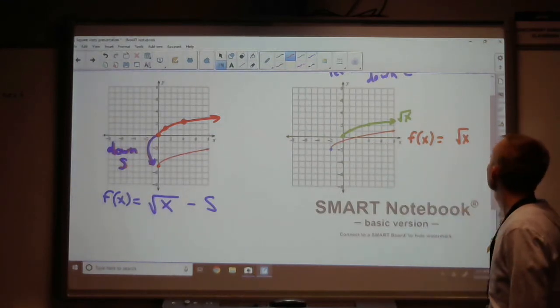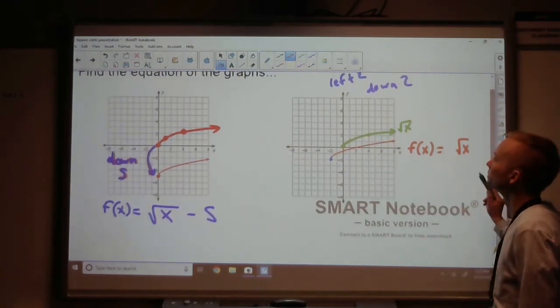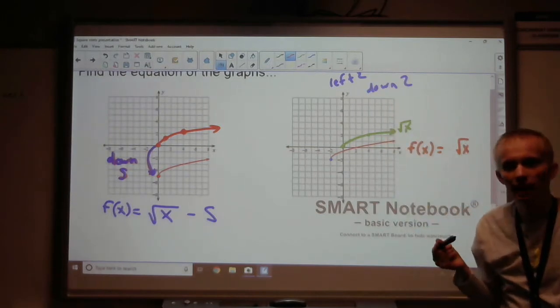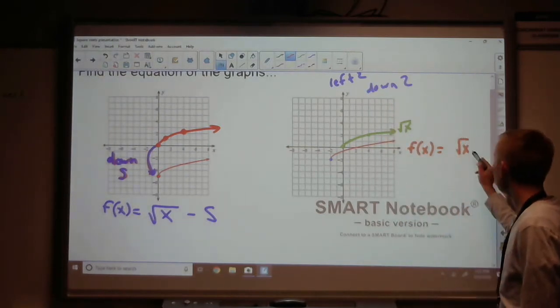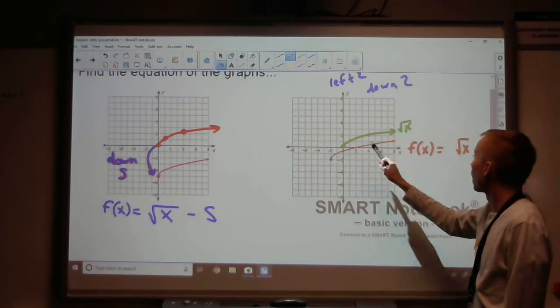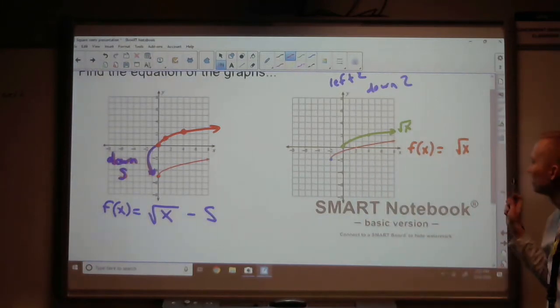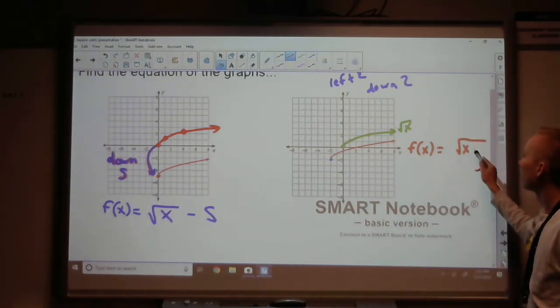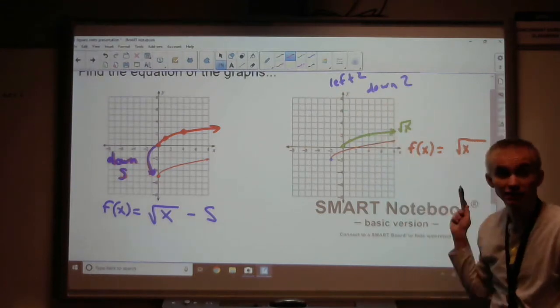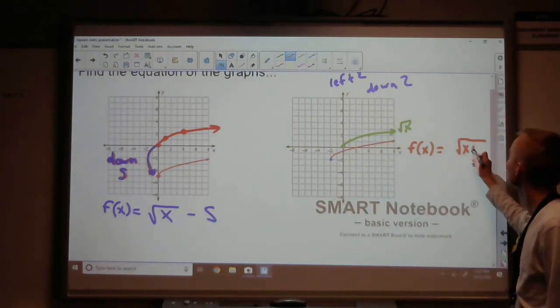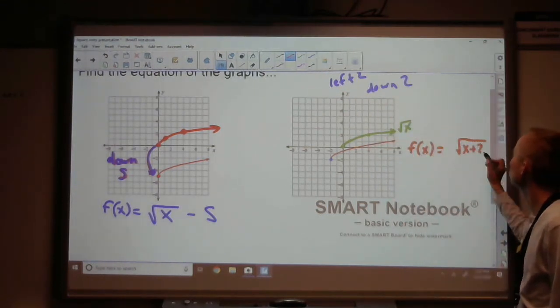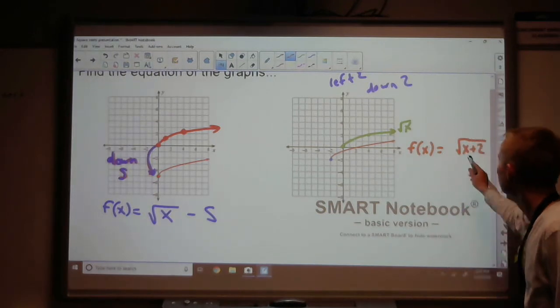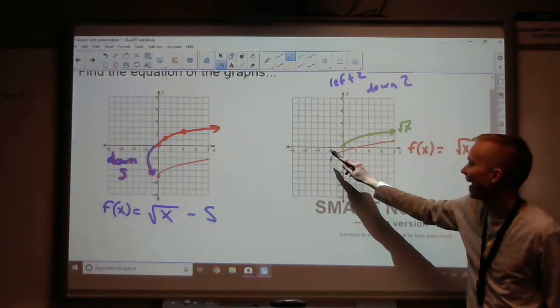I moved it left 2, okay? So what does that mean? I need the left and right goes inside with the x, okay? And I switch the sign when it's right next to the x. So instead of being a minus, it's going to be a +2, right? To get me to move to the left.